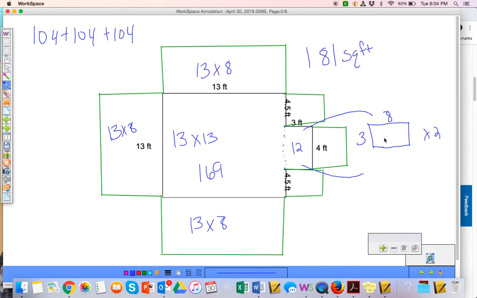So then this wall right here, it's going to be 28. Or I'm sorry, not 28, 24. So we have 2 walls that are 24. Okay. This wall right here is 4 by 8. So 4 by 8 is 32. So we have a wall that is 32. Then we have these 2 walls that are 4.5 by 8, which is, I believe, 36, but I'm going to double check.